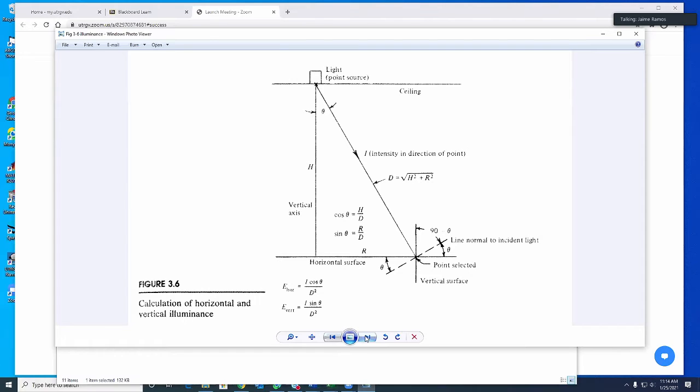And therefore, we have a flux through the vertical surface, which is going to depend on the sine. So we have the usual dependence on cosine and sine, but also the distance squared. So the distance is the hypotenuse, the distance between the detector and the source. So then we have these formulas which are called the square law, the inverse square law.